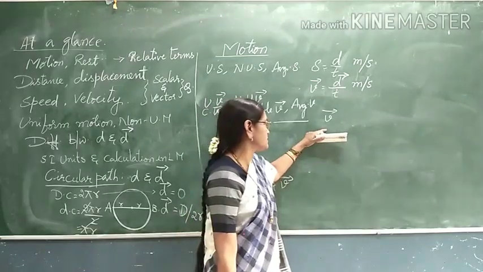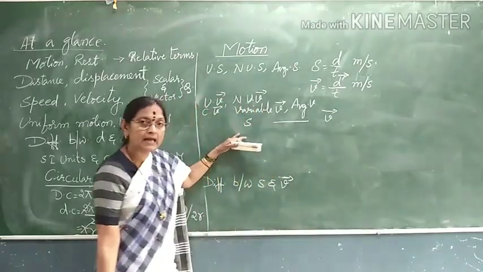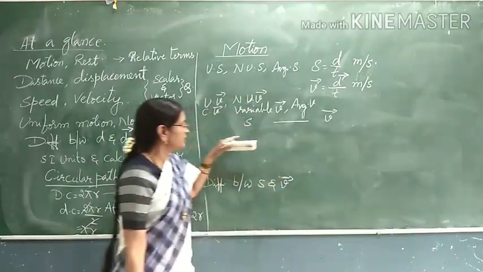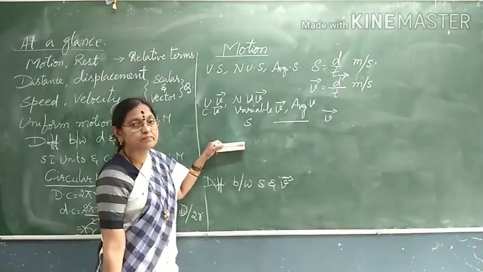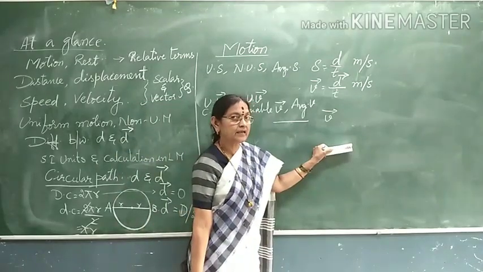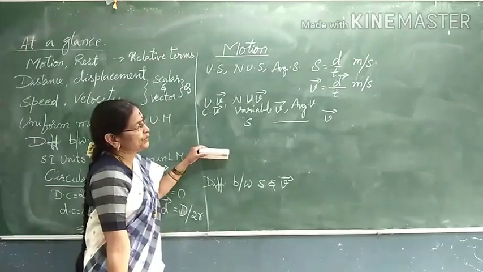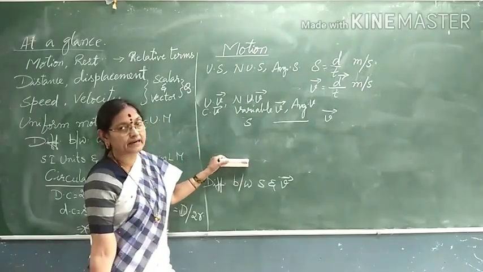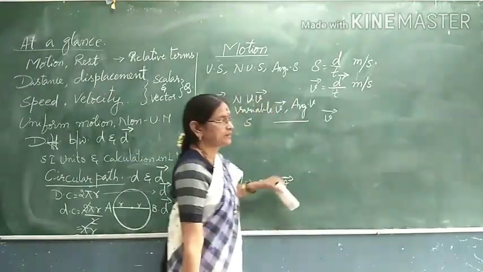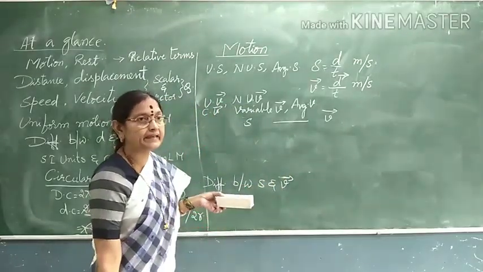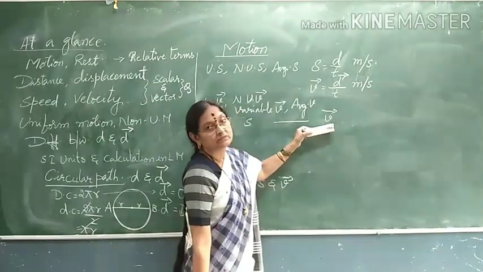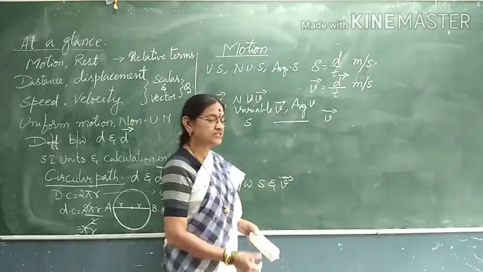Speed is a scalar quantity, whereas velocity is a vector quantity. Mathematically, speed is distance by time, whereas velocity is displacement by time. The SI unit of both is meter per second, because both are lengths covered. The main difference is that velocity needs direction for its description.